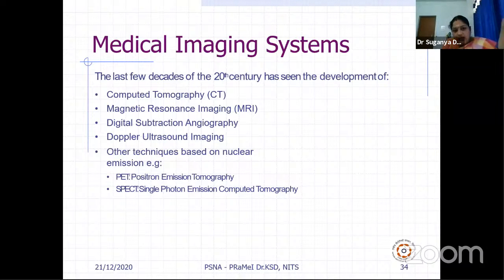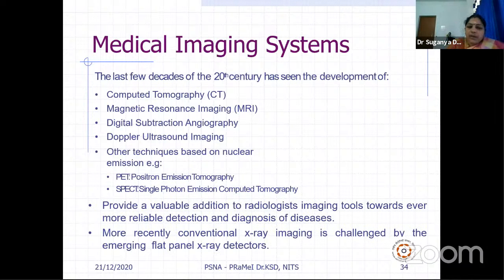So these are the different imaging modalities: computed tomography, MRI, digital subtraction angiography. Subtraction is nothing but converting the white into black and black into white, that is the inverse. And Doppler ultrasound imaging. Other techniques like PET, SPECT are there.